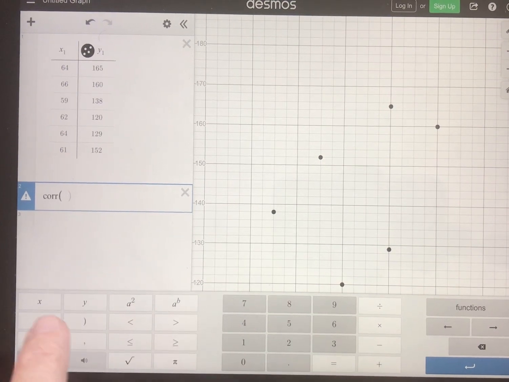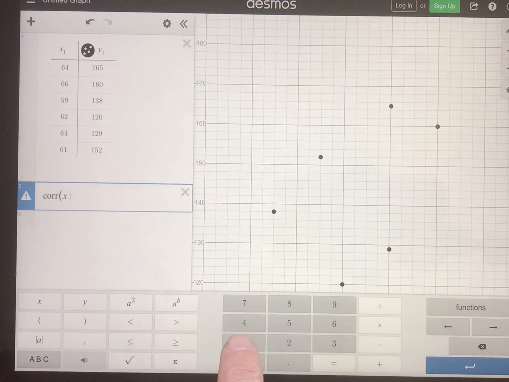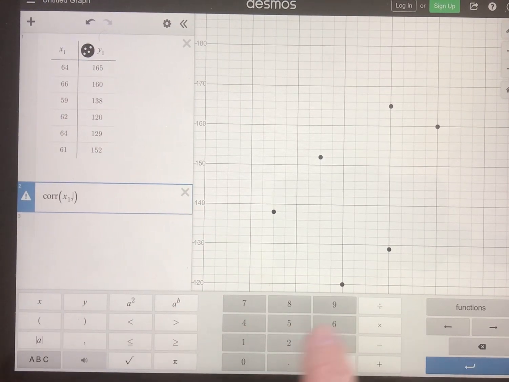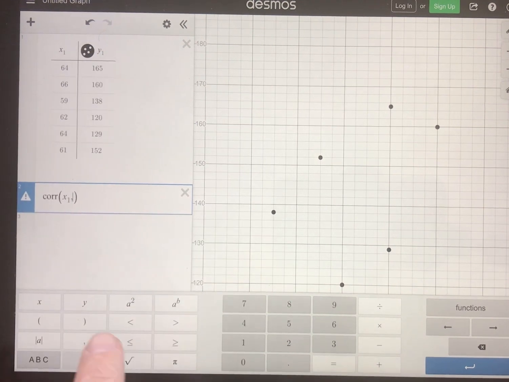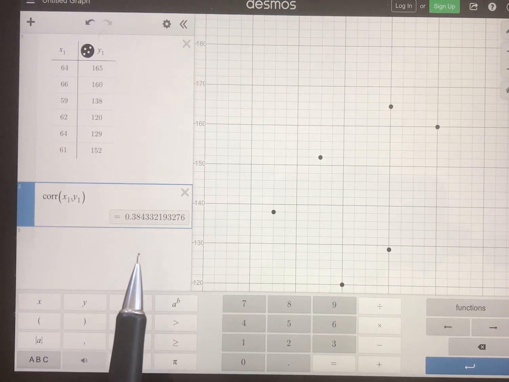So I type in X1 and I'll put in a comma. And I wanted to compare that to the Y1. So find the correlation between the X1s and the Y1s. And there you have it.